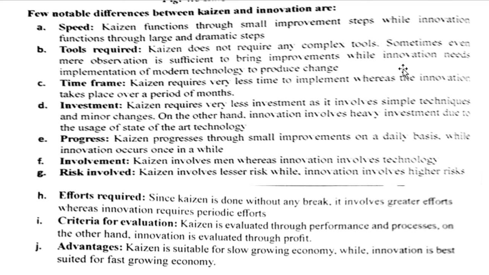Involvement: Kaizen involves people, whereas innovation involves only technology. Risk: Kaizen has very little risk, but innovation involves high risk. Efforts required in Kaizen are continuous without any break, whereas innovation requires periodic but greater efforts.